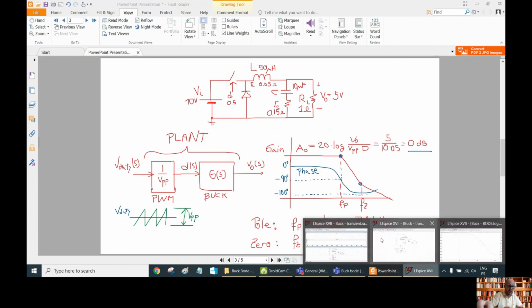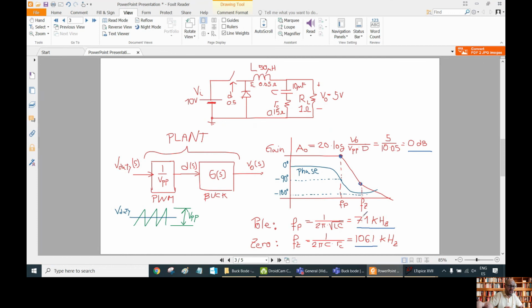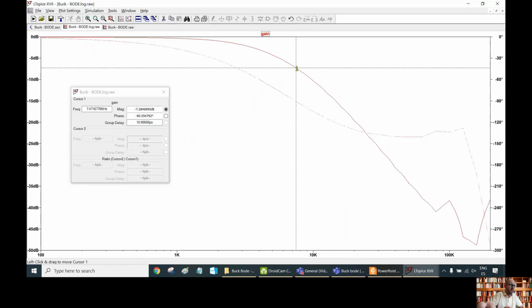So we can go here and look for the point of minus 90 degrees, and then we can see that the frequency is 7.47, which is very similar to 7.1 kilohertz, very similar to the frequency here.